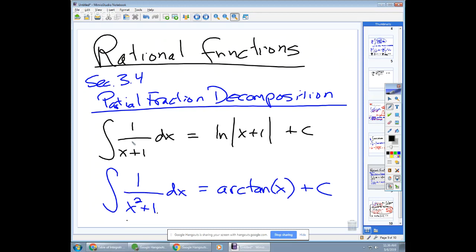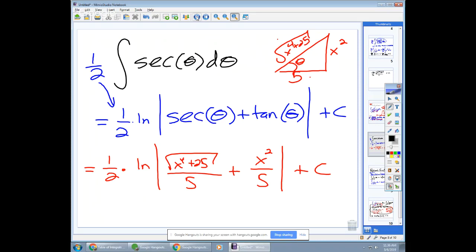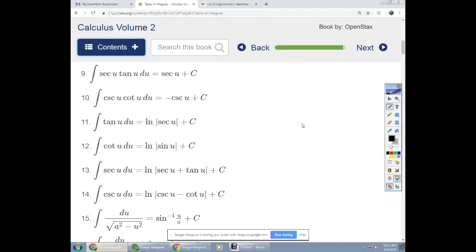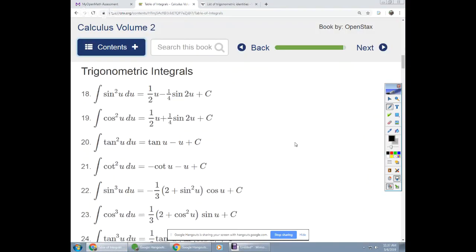Yeah, previous page. This one? Oh, no, wrong one. This one. So let's see.